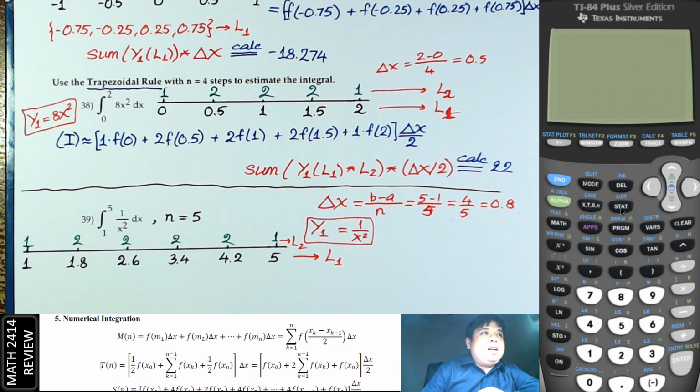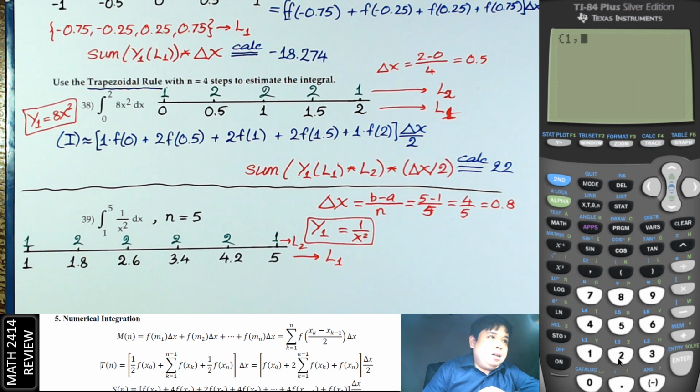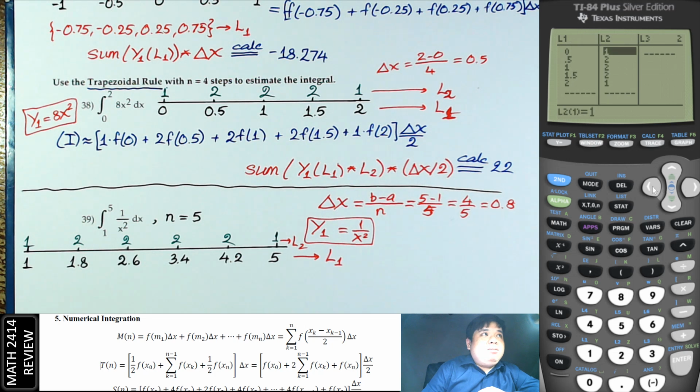Now as for the lists, I think it's better just to hit stat, edit, and then enter the numbers like this. Or you can clear, or we can just enter the numbers on top of it.